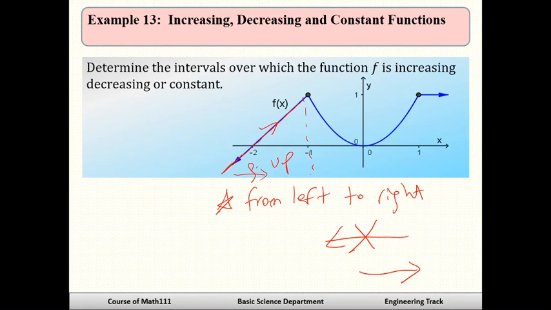Now up to here, it's going down. And after this one, it's going up again. And now it doesn't change here, it's flat. So you say it's constant here. For the ups, you say increasing. For the downs, you say decreasing. And for this part, no change, so it means constant.